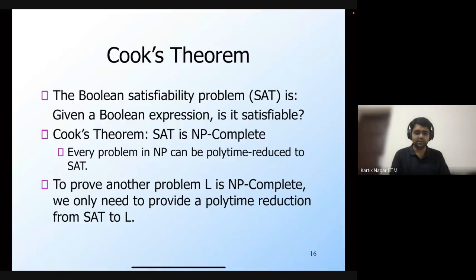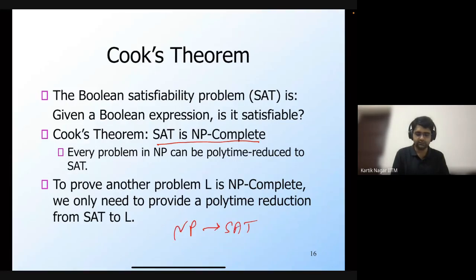Now, once you have an NP complete problem, your task of showing other problems to be NP complete becomes simpler, because you only have to reduce from a given NP complete problem to your problem. So to prove that another problem L is NP complete, we only need to provide a polytime reduction from SAT to L, because I know that every problem in NP reduces to SAT.